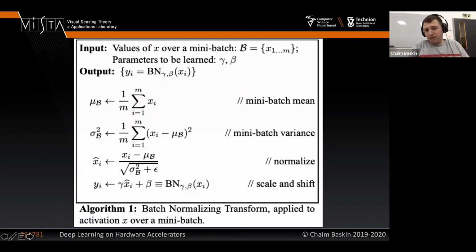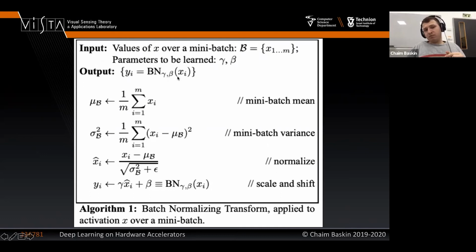So how does batch normalization work? First we take our values, our samples, our mini-batch. We want to have two learnable parameters, and we'll talk about them. The output yi will be the batch normalization layer applied over xi with the gamma and beta parameters.